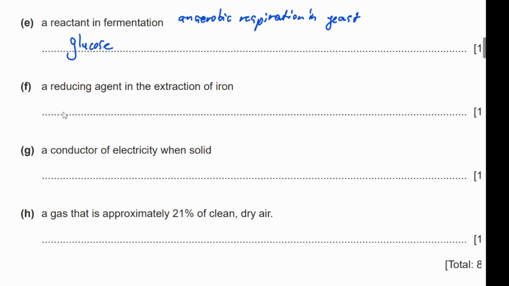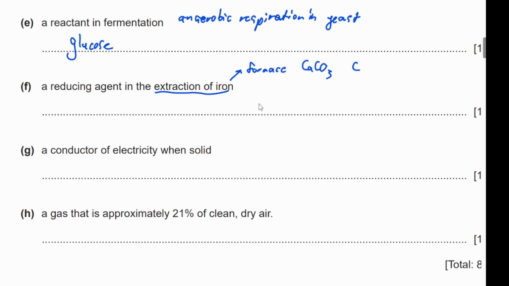Okay, a reducing agent in the extraction of iron. So whenever you want to extract iron, you need to put the iron ore in a furnace with calcium carbonate and carbon, right?